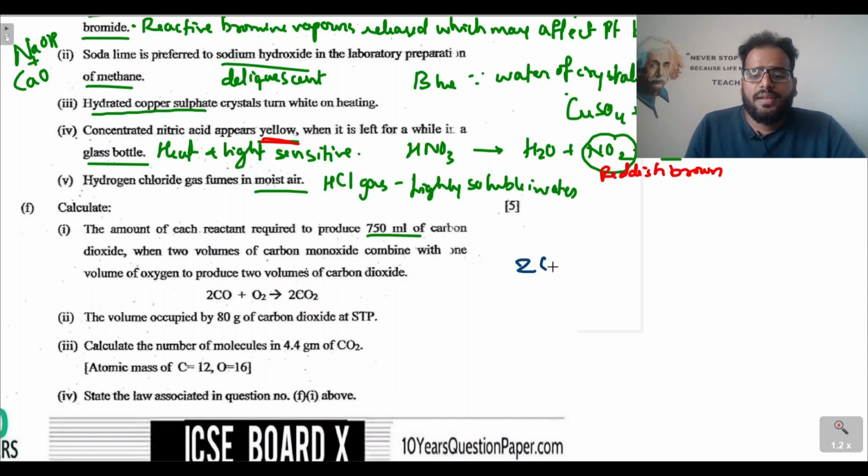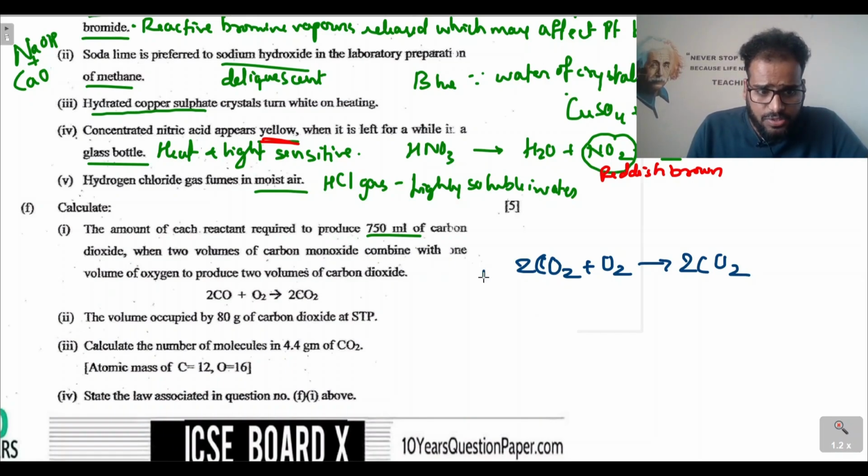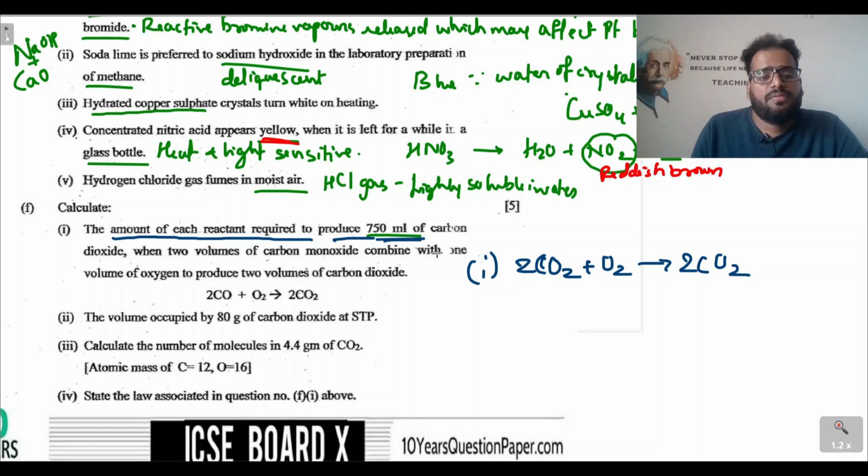So first you have to rewrite this: 2CO plus O2 gives 2CO2. Okay, first question we are attempting. We have to find the amount of each reactant required to produce 750 ml of carbon dioxide. So the ratio you see, 2 volume. So first point you have to write, according to Gay-Lussac's law.